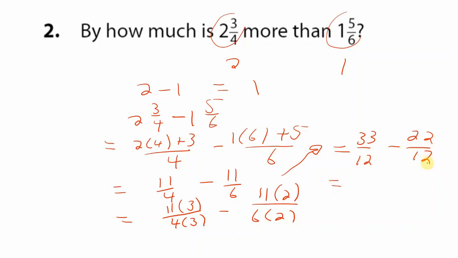Since the denominators are the same, we can subtract. So 33 minus 22 is 11/12. And I believe that is in simplest form. We can't find something that can go into 12 and into 11 without remainder.